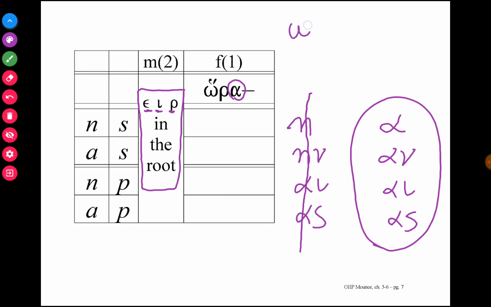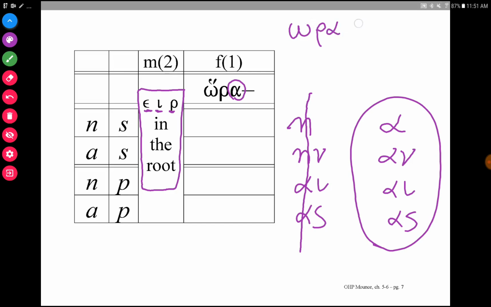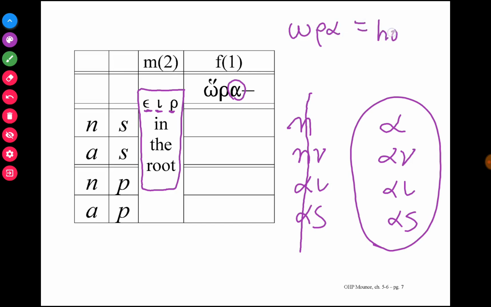So hora means hour. And notice that here is your stem. It ends in a rho. Therefore, it takes the alpha ending. We have other nouns that do that. Here's another one.